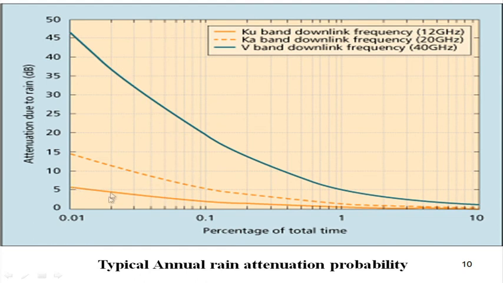So, these are the meanings. You can see that for the Ku band, which is a very common band, 12 gigahertz, 0.01% of the time is slightly more than 5 dB. So, we stop here for the time being, and we will continue this discussion in the next period.